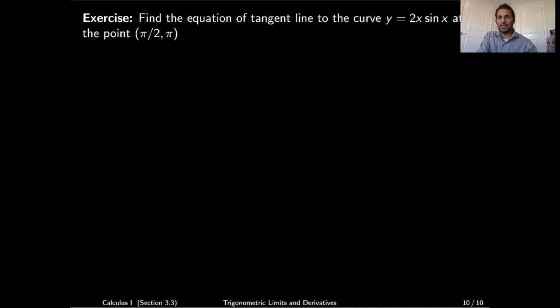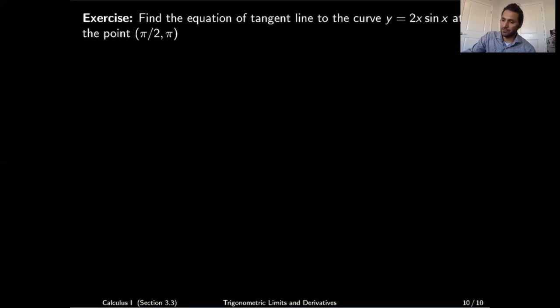What is the derivative of... The question here is one of the applications of the derivative of trigonometric functions, in which we ask you to find the tangent line. What is the tangent line on the graph of this function, 2x times sine x, at this point?